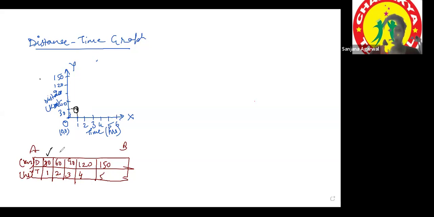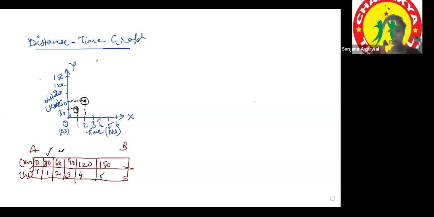Okay. The next reading is at 2: after completion of 2 hours, he covered 60. That means 2 hours and 60 kilometers. So at 2 hours, again make a vertical line moving along the y-axis, and from the y point in front of the 60 value, draw a dotted line meeting the time value. Put a dot and encircle it.